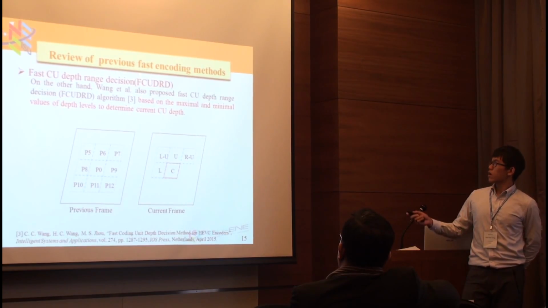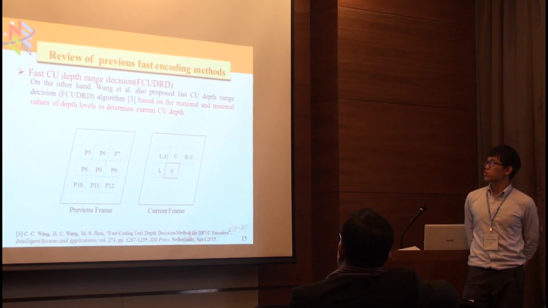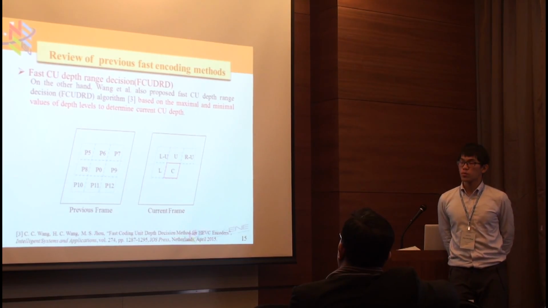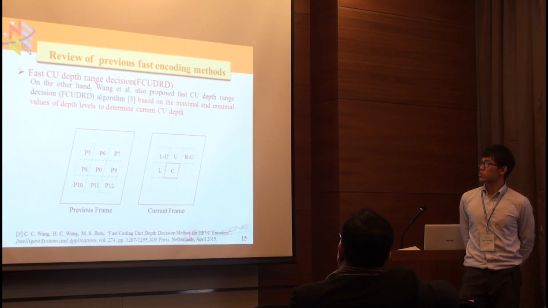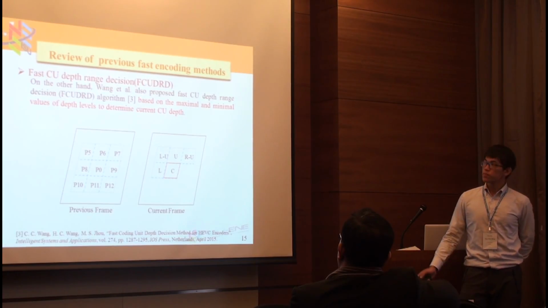Second, fast CU depth range decision called FCU-DRD. On the other hand, one also proposed the fast CU depth range decision algorithm based on the maximum and minimum values of the depth levels to determine the current CU depth.